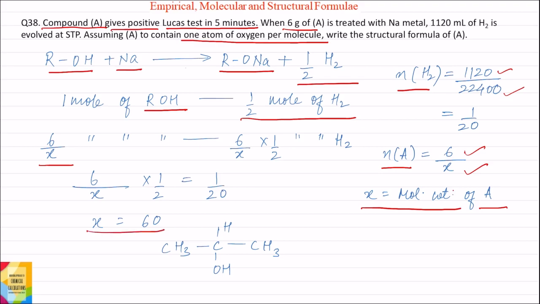Therefore, the molecular weight of A is 60. Now the simplest secondary alcohol is CH3CHOHCH3. If we find the molecular weight of CH3CHOHCH3, it is equal to 60. Therefore, we can say that the given compound A is a secondary alcohol and its formula is CH3CHOHCH3.